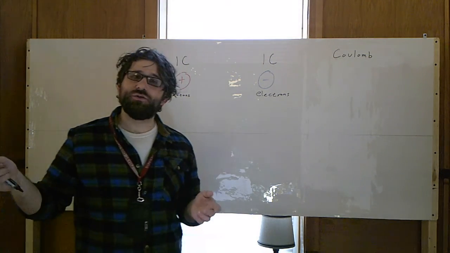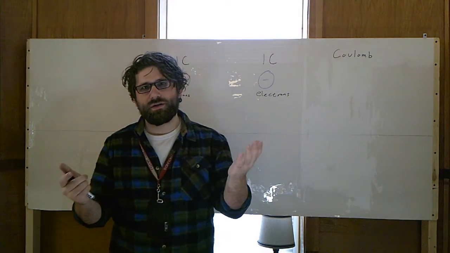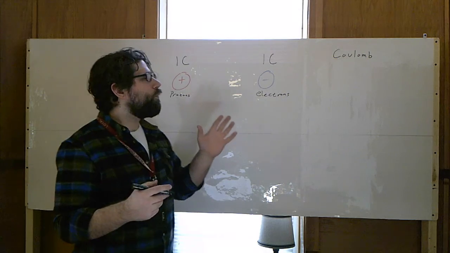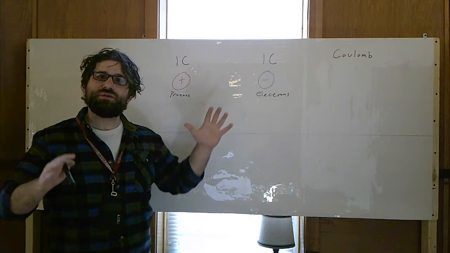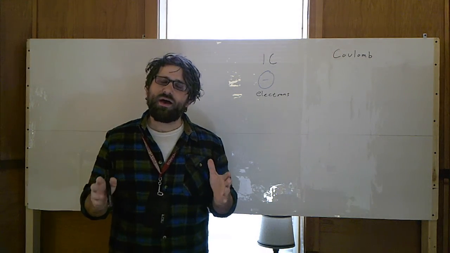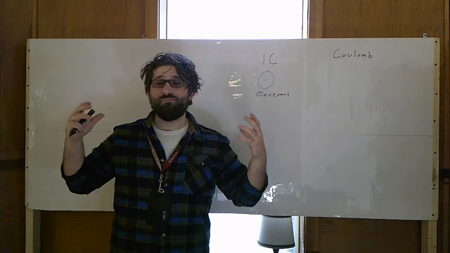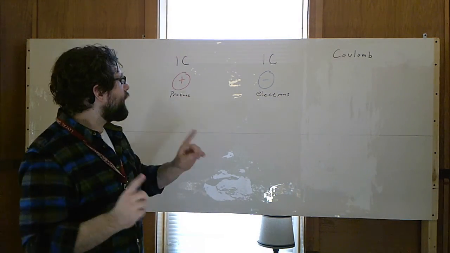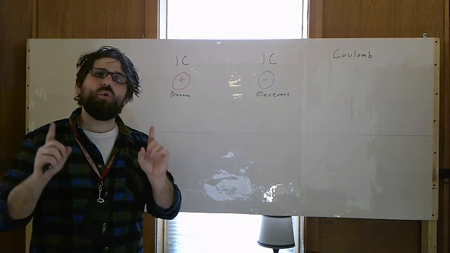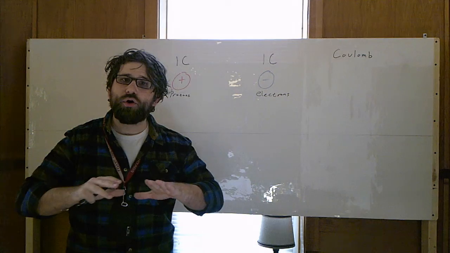But then if you try to touch a balloon or something light with it, it'll push it away or pull it towards it. So what's happening in those situations is we build up a difference in charge. Differences in charges will cause a force just like masses will cause an attractive force. The difference here is because we can have positive or negative, we're going to have two different options. We could have a pull or a push.